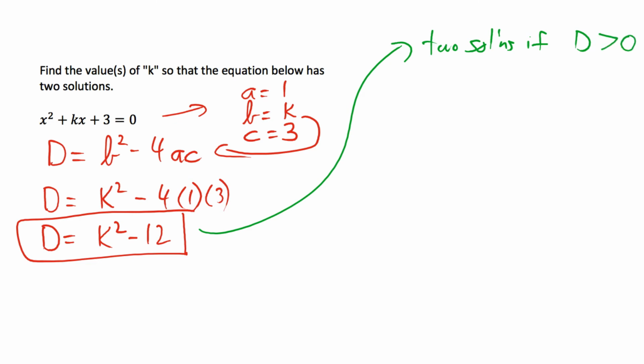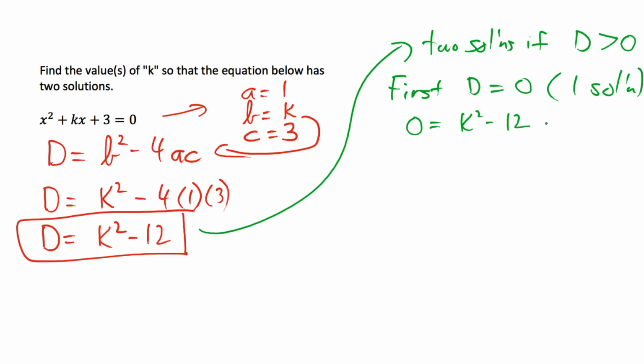So to look for where the discriminant is greater than 0, it might be first helpful to look at where the discriminant is 0. And this would be one solution we know. And 0 is equal to k squared minus 12.